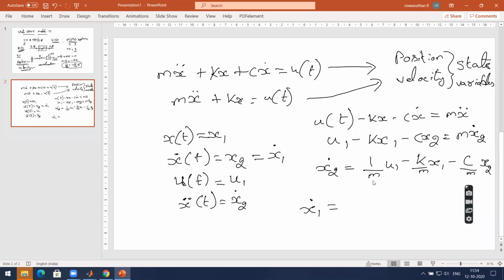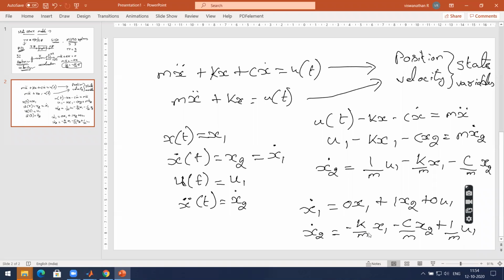In the same form, I can write it as 0 times x1 plus 1 times x2 plus 0 times u1. And x2 dot in this order will be minus k by m x1 minus c by m x2 plus 1 by m u1. That's just written in this form.